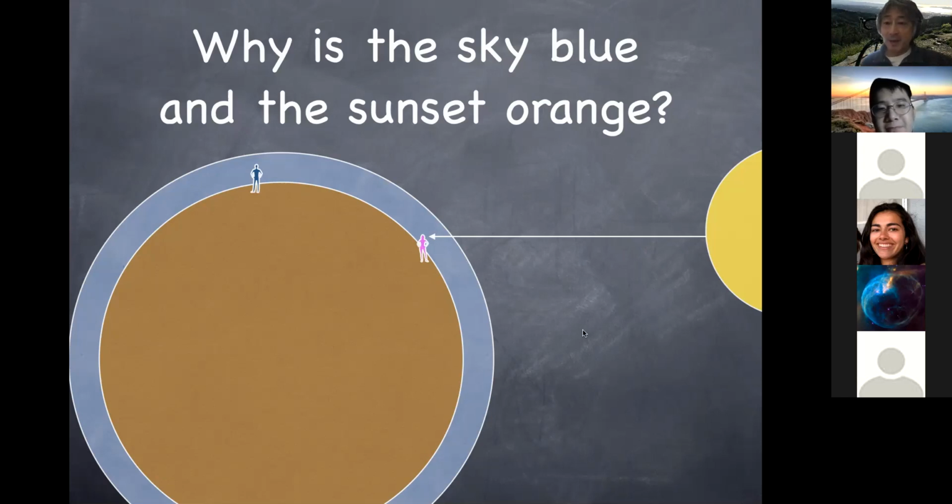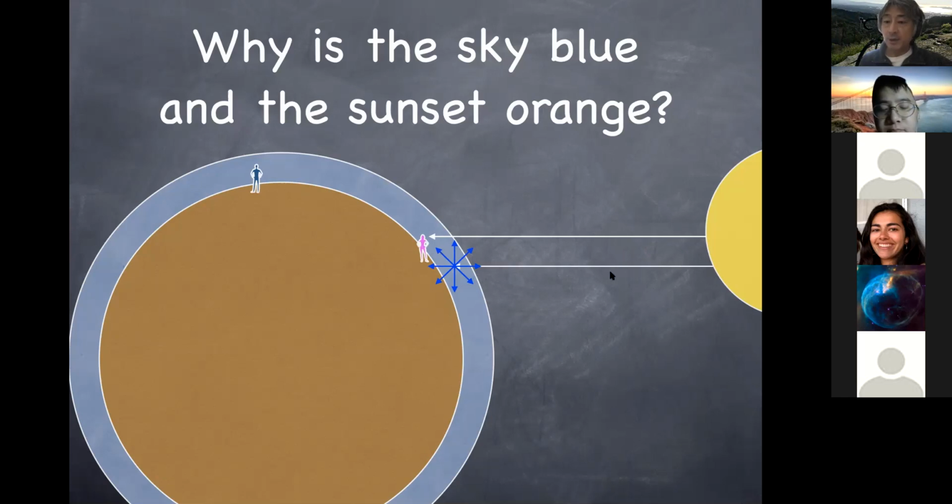So that's why you do see the direct sunlight, which you shouldn't. But at the same time, the sunlight hits atoms in the atmosphere, and the blue light gets preferentially scattered by the atoms. So if you look off direction, not into the sun but into the sky, all you see is this scattered light coming into your eyes.